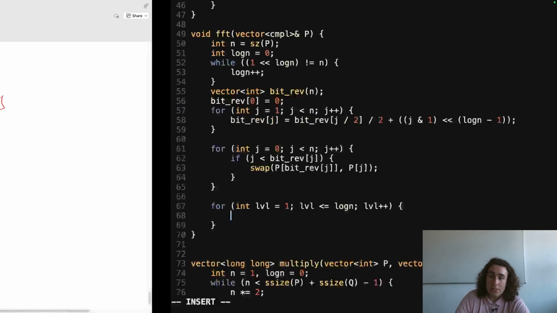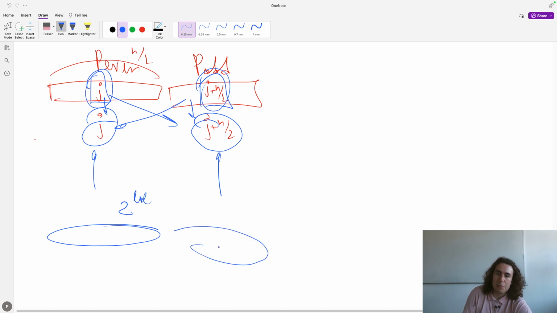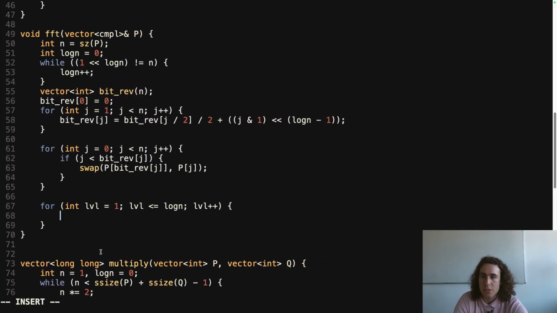And on every level, we have these subarrays of size 2 to the power of level. And they are right now split into two halves, and we need to merge these two halves to get the right values there, right?